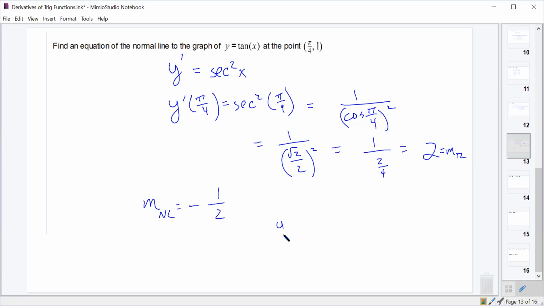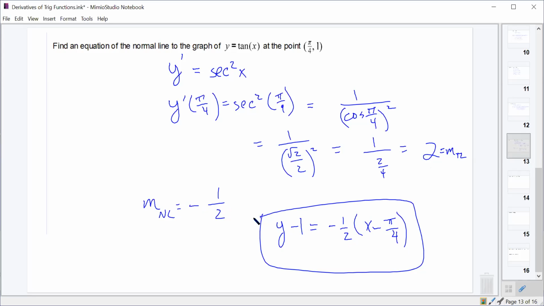And so our equation ought to be y minus 1, using point slope form, right? y minus y1 equals m times x minus x1. Good or no? Good. And if we wanted to put this in Desmos, we could take a look at it.